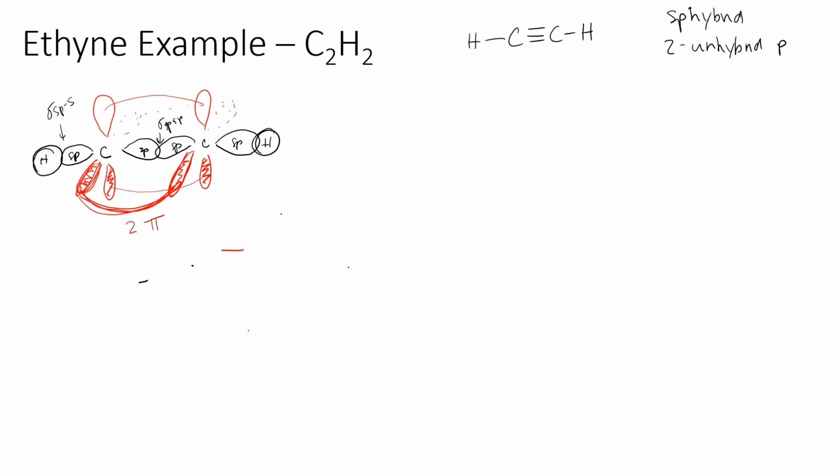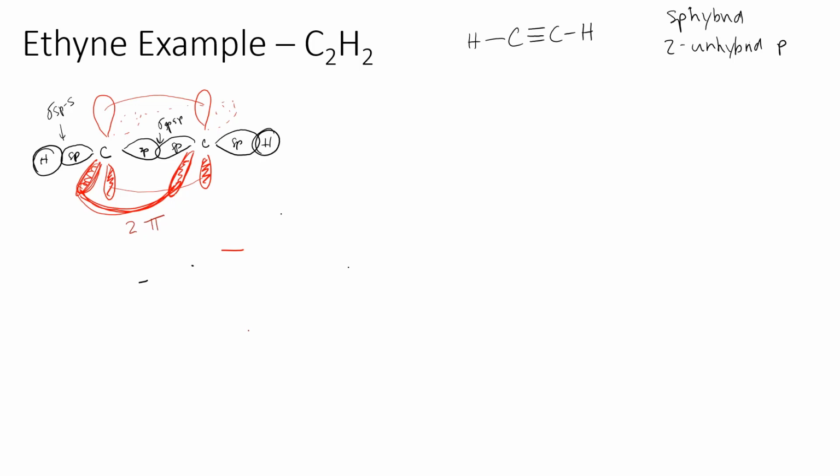But please notice that the p orbitals have to be in different planes. I have one on the x or y plane, and I have one in the z plane. They cannot be in the same plane. They have to be on opposite planes, because remember, those orbitals all have to be on different planes around our central atom. So this is what our hybrid orbital diagram looks like for ethine.